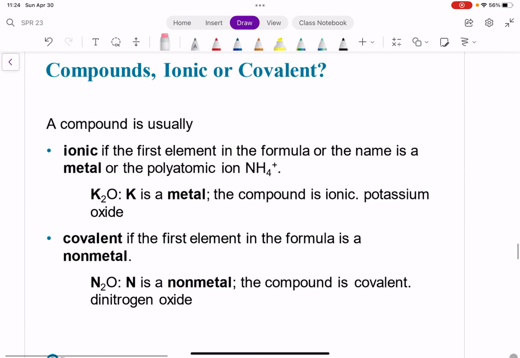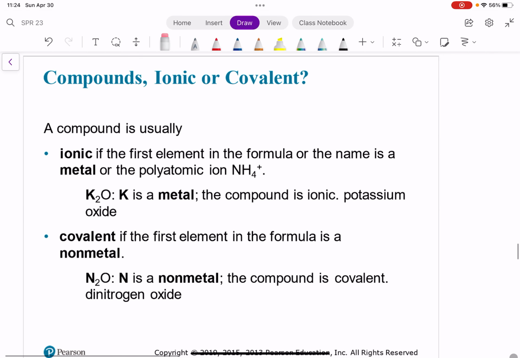Okay. So that's all great. When we know something is covalent, then yeah, we can name it, right? When we know something's ionic, we can name it. But you also need to know, if I don't tell you, whether something is ionic or covalent. And there's some ways that you can do that, okay? So a compound is usually ionic if the first element in the formula or the name is a metal or the polyatomic ion NH4+.